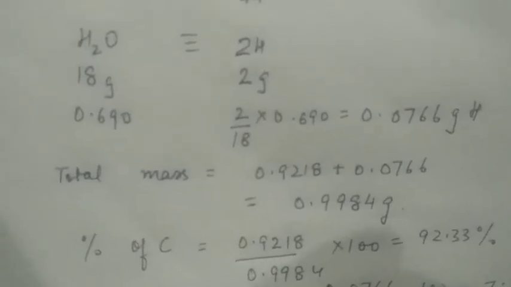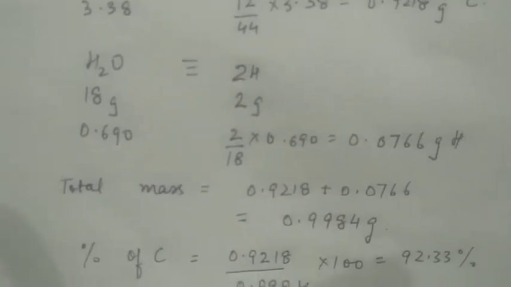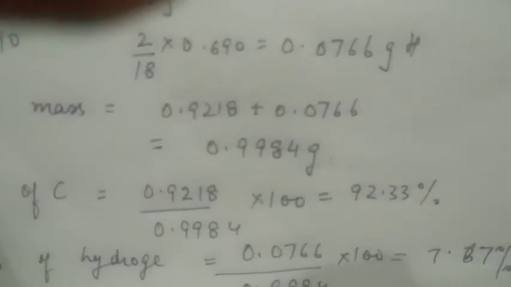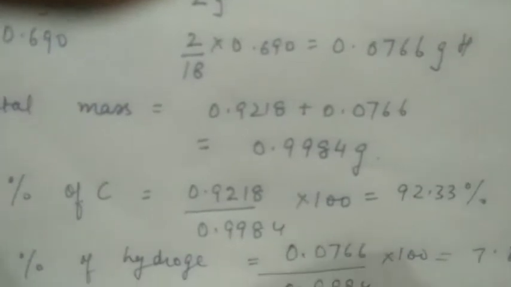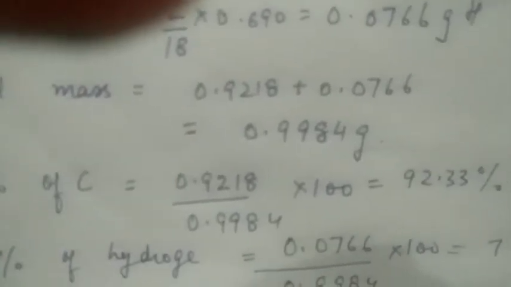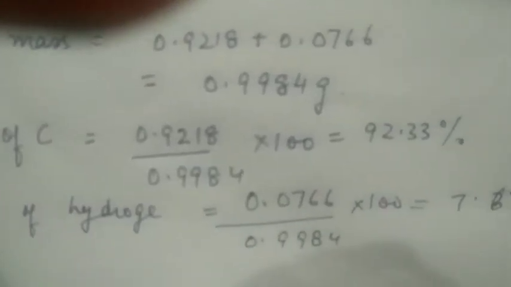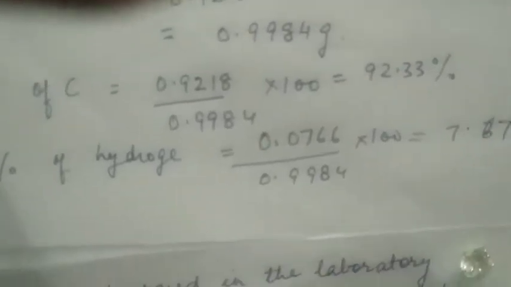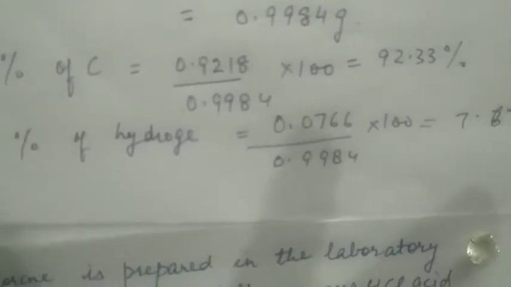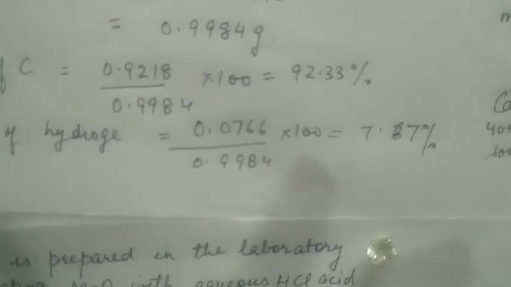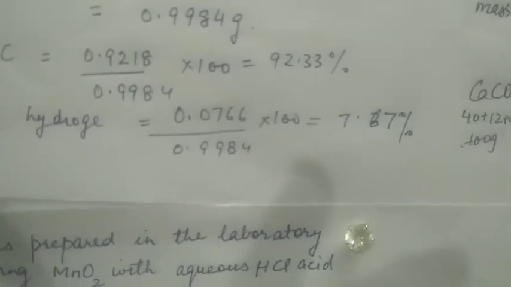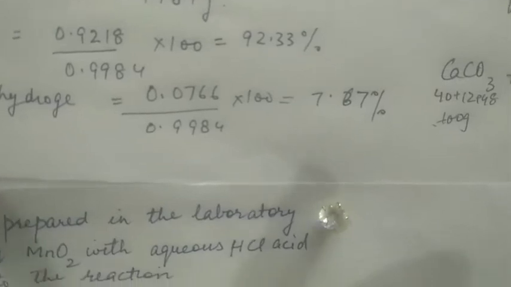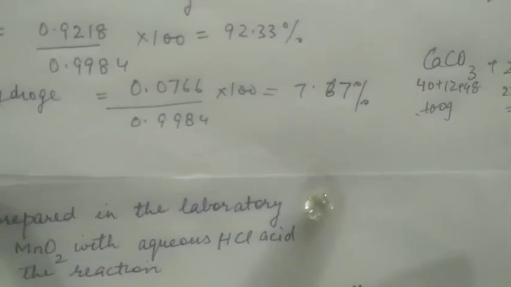Total mass comes out to be mass of hydrogen plus mass of carbon equal to 0.9984 grams. Percentage of carbon will be mass of carbon upon total mass into 100. This comes out to be 92.33%. Similarly, percentage of hydrogen is 0.0766 upon total mass into 100. This comes out to be 7.67%.